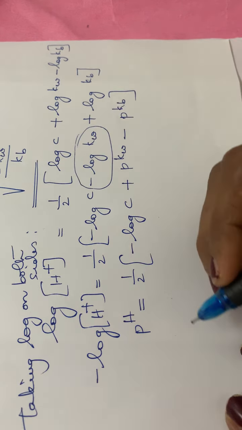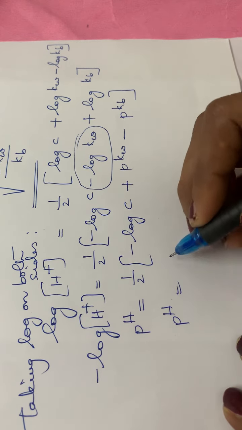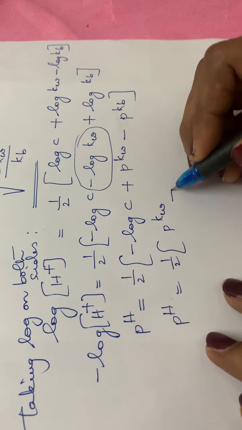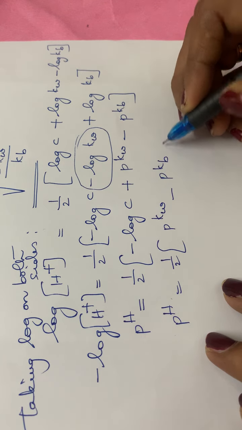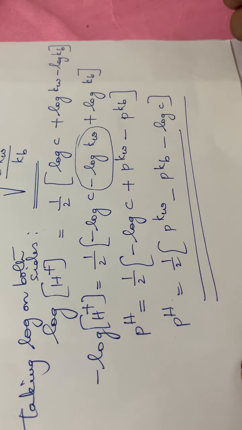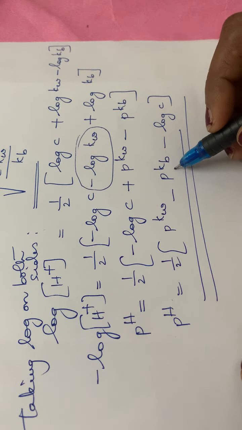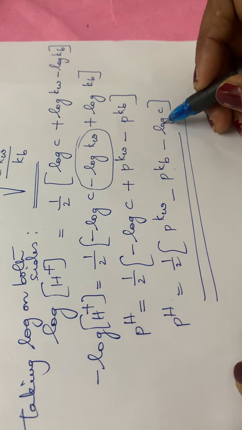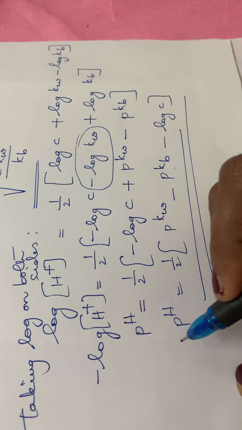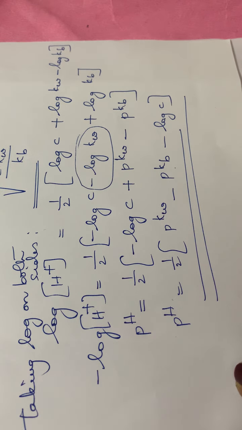Okay, so we can write it in the correct form. So pH is equal to half into pKw minus pKb minus log C. Okay, so this is the pH of the solution having a strong acid and a weak base. So the solution will be acidic.